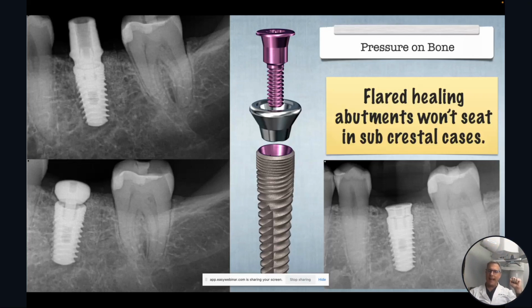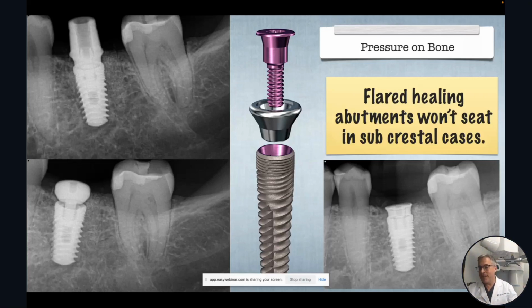So if I place that implant at the crest, will the bone grow over the top? No. If I place that implant below the level of the bone, do I have a chance of the bone growing over the top? Yeah. Also remember that trabecular bone is different than cortical bone, right? Trabecular bone has a lot of blood supply. And with that blood supply comes our osteoclast and osteoblast.